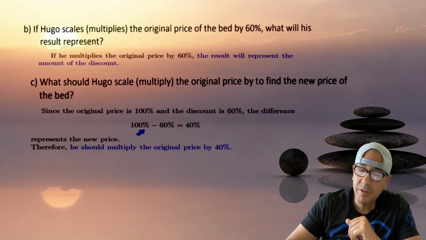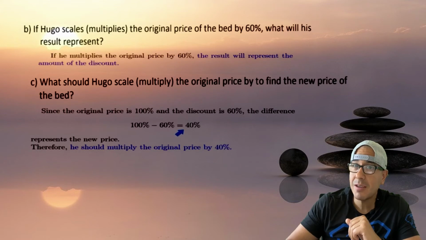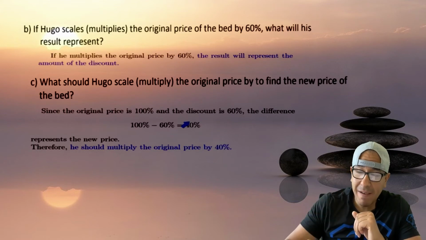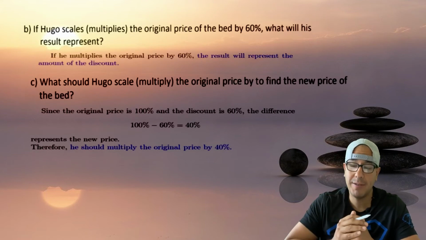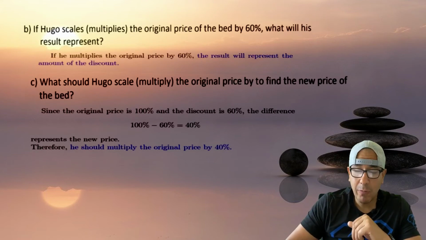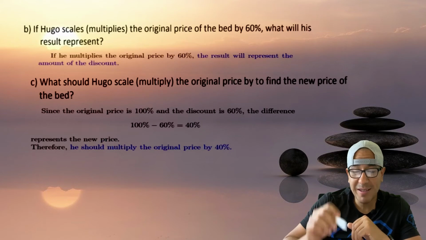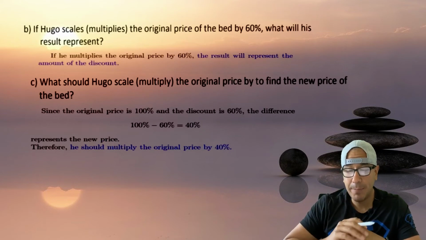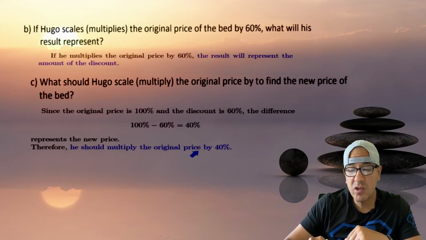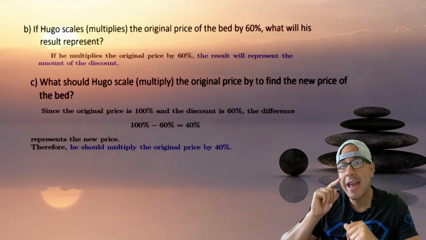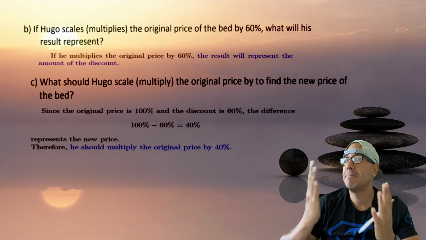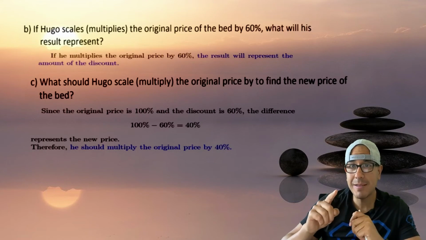So 100% minus that 60%, we're looking at paying 40%. That's how much we're going to pay of that original price. All right, so 40% represents the new price. Therefore, he should multiply the original price by 40% because this is how much he is going to pay. All right, make sense? Any questions?